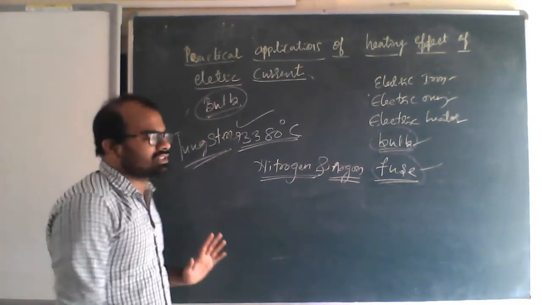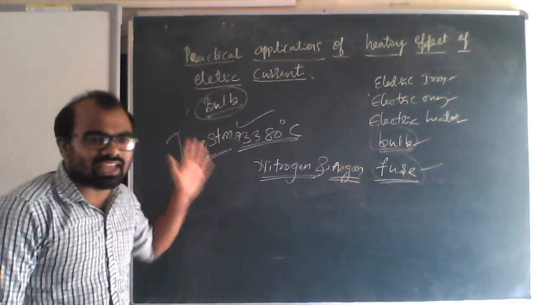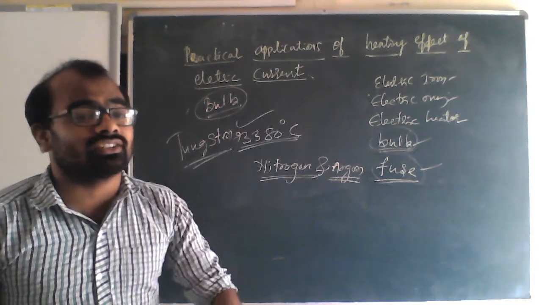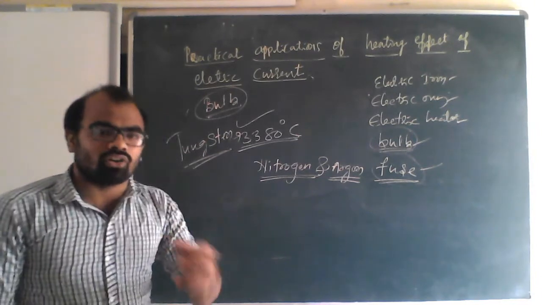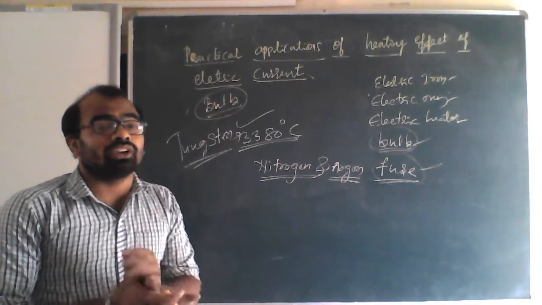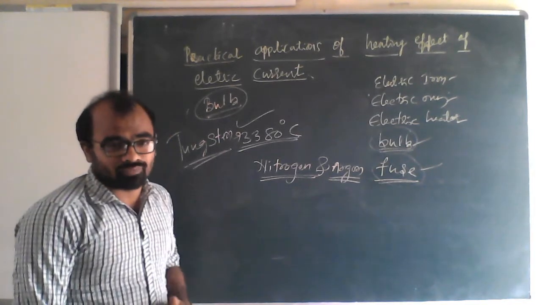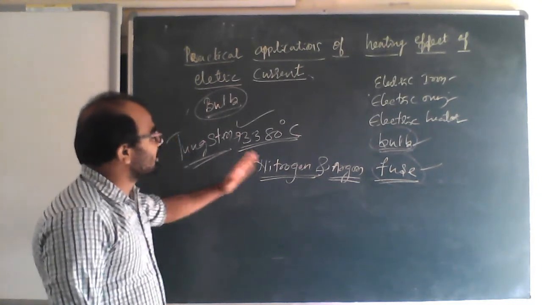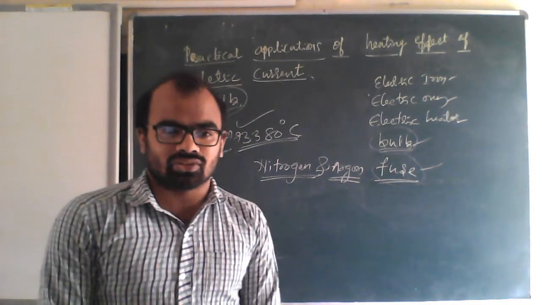Tungsten will remain as tungsten and it produces heat energy and light energy. If nitrogen and argon are not filled, oxygen enters the bulb and the tungsten reacts with oxygen, becoming tungsten oxide. So it will not conduct electric current properly. That is why nitrogen and argon are filled in the bulb.